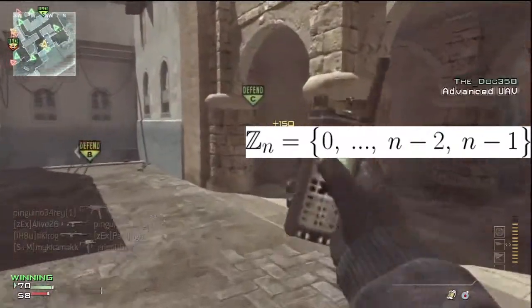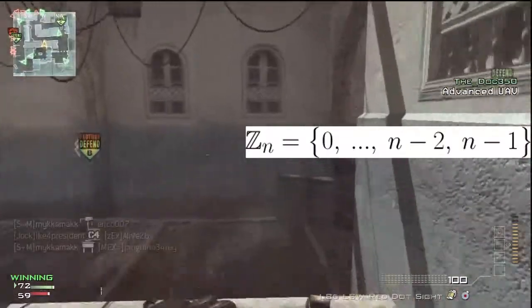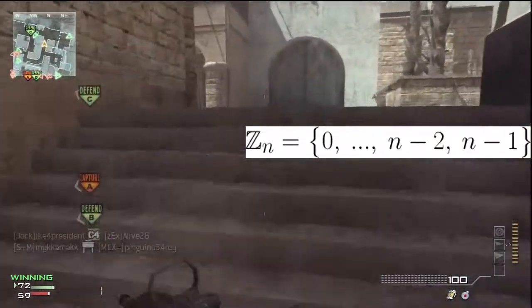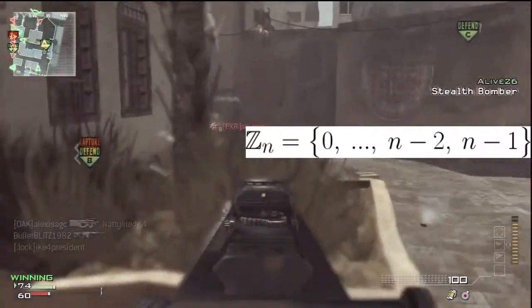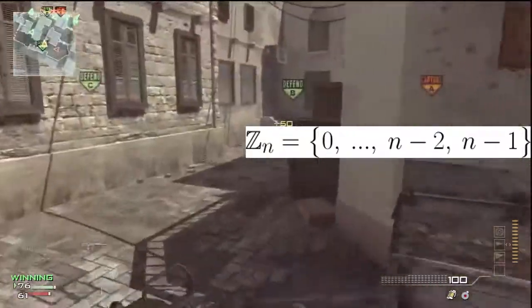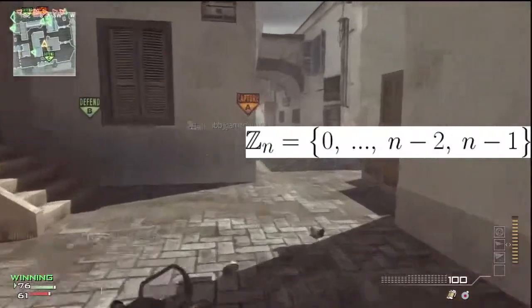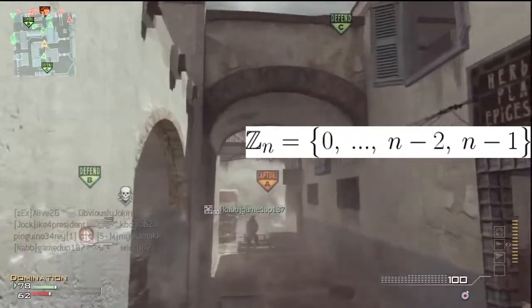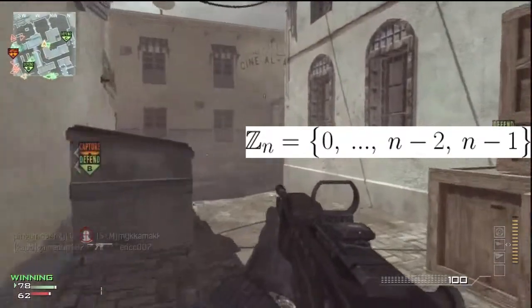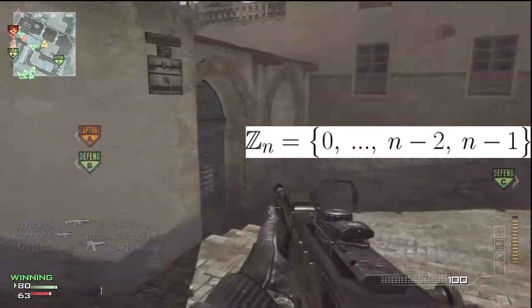So for example, Z10 will contain all the integers 0 through 9. Z sub 9,000 will contain all the integers 0 to 8,999, right? So you can understand the generalization of this set.